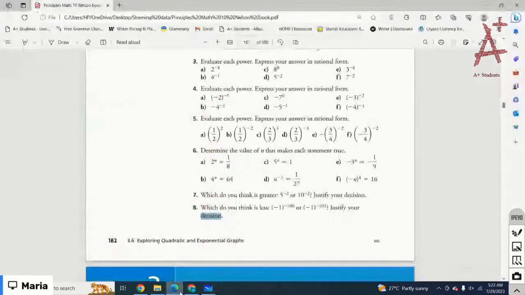Okay, the next one is, which do you think is less? Negative 1 exponent negative 100 or negative 1 exponent negative 101? You have to see which one is less.